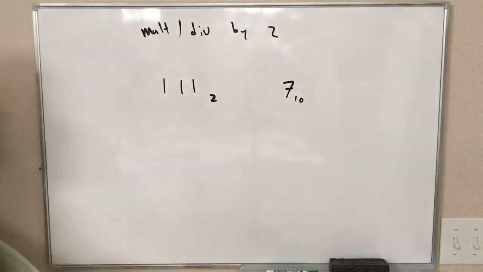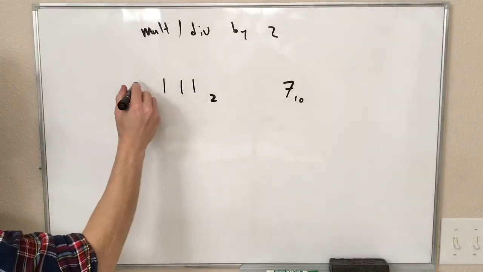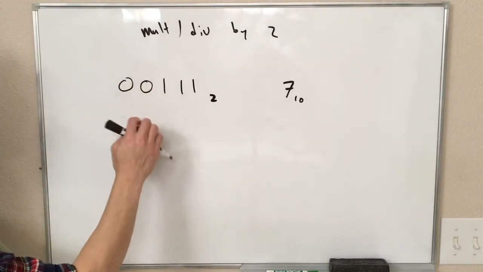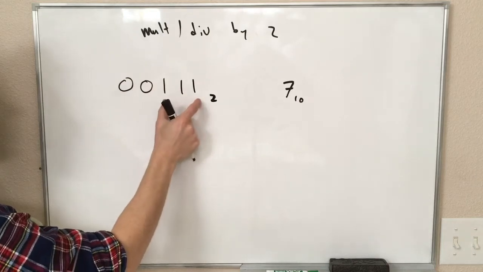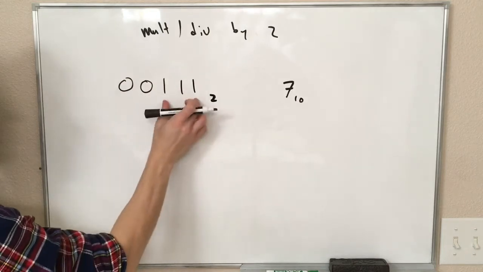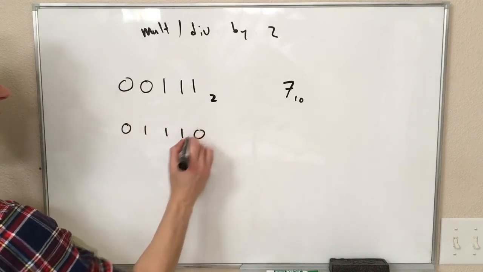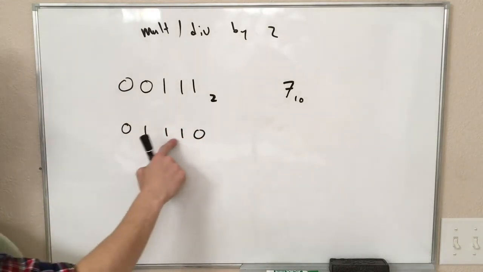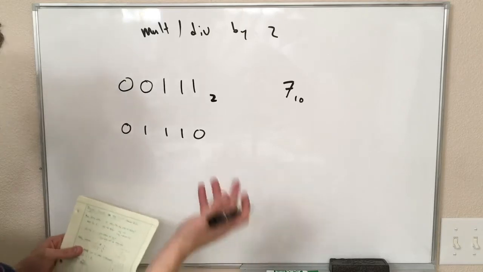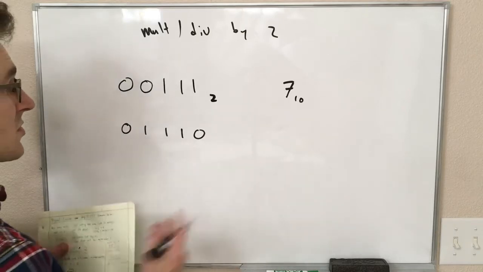If we want to multiply this by 2, all we have to do is take these bits. So I'm going to put some leading zeros here. All we have to do is take these bits and shift them to the left. So if I shift these 1's to the left by 1 place, 0, 1, 1, 1, 0, that is what we just saw in the last example. This is 14.